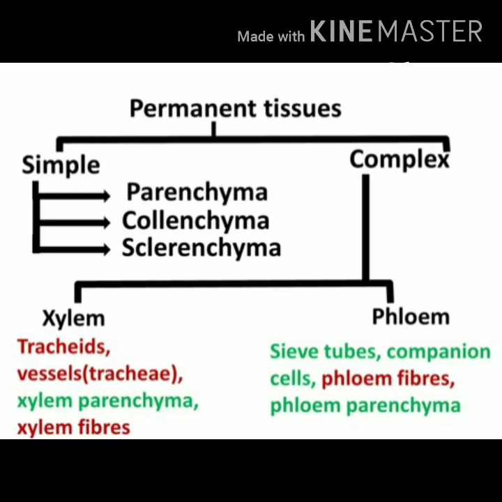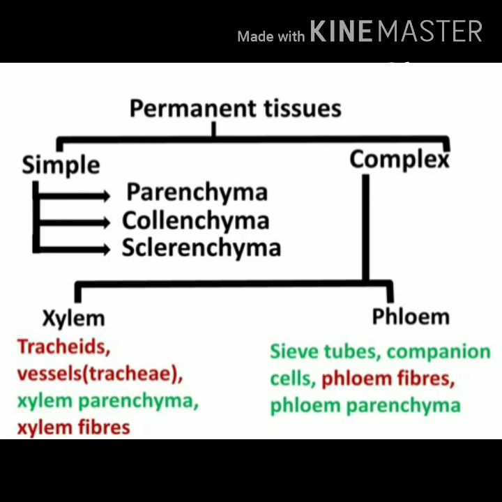The complex permanent tissue consists of xylem and phloem, and these consist of different types of cells, and they are called complex permanent tissues. Xylem consists of four different types of cells. These are tracheids, vessels, xylem parenchyma, and xylem fibers.